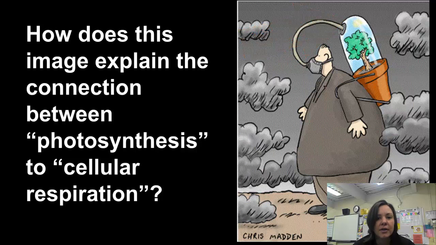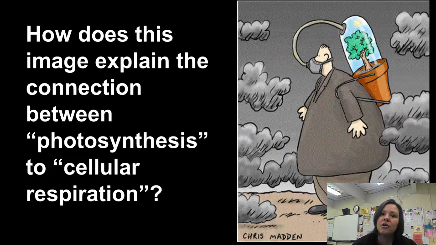We heavily depend on plants for two reasons. One, to get the oxygen that we need for cellular respiration so that we can then break down the glucose to get our energy. But we also need plants for that basic nutrient, glucose or sugar. If we didn't have either of those, sugar or oxygen, we wouldn't be able to live.